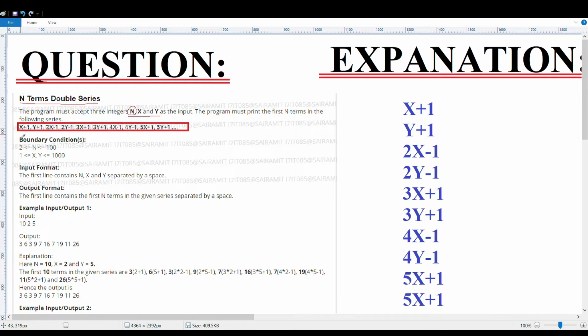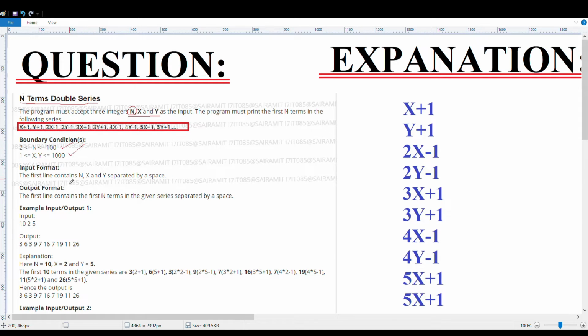The given condition for the series is that it must go on in the order x plus 1, y plus 1, 2x minus 1, 2y minus 1, 3x plus 1, 3y plus 1, 4x minus 1, 4y minus 1, 5x plus 1, 5y plus 1, and so on. The boundary condition for n is that it should be less than 100, and for x and y it should be less than 1000.